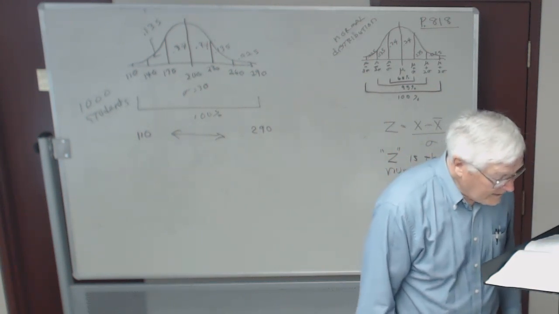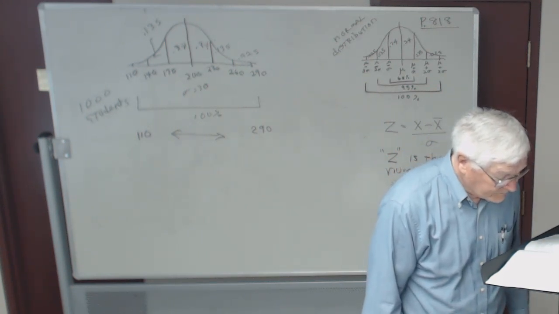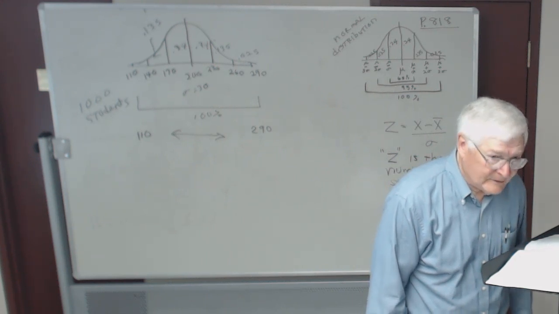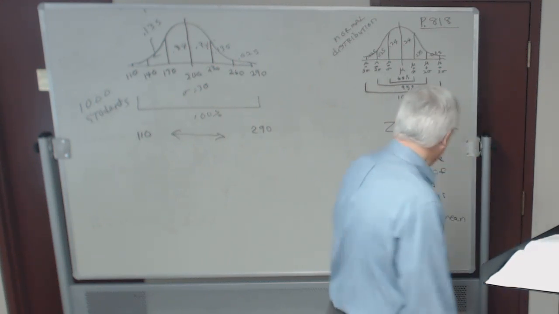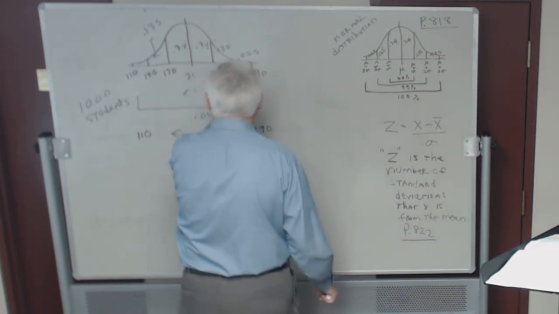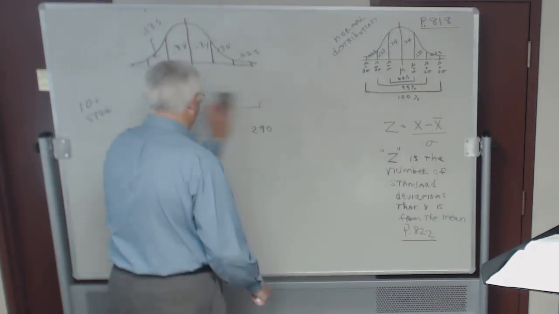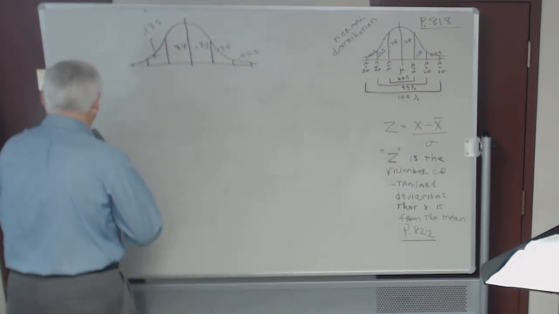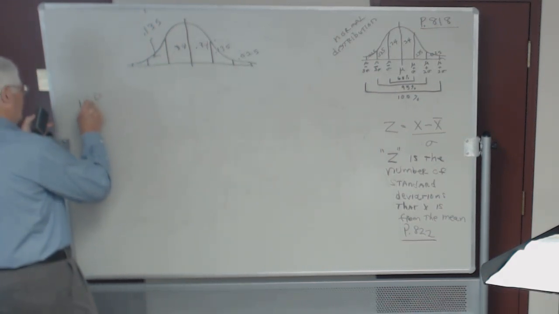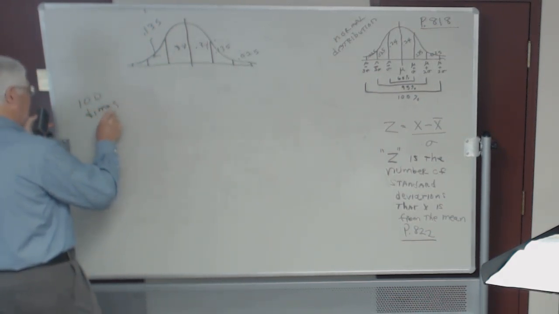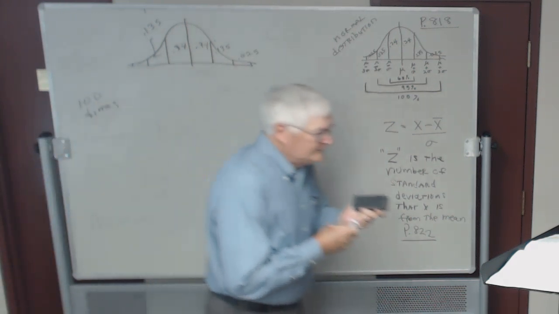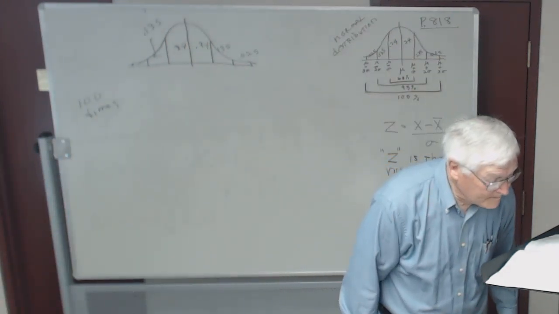So let's do number 10. An experiment consists of tossing 100 dimes. So I erase all of this information, and now I have 100 dimes. And what does it say next for number 10?